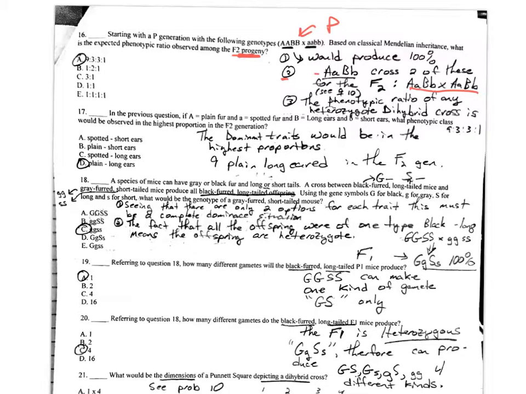It's always 9 to 3 to 3 to 1. It's one of the ratios I told you that you had to memorize. By the way, you'll see this question later, but the only way to get 1 to 1 to 1 to 1 in a dihybrid cross is to have a test cross.